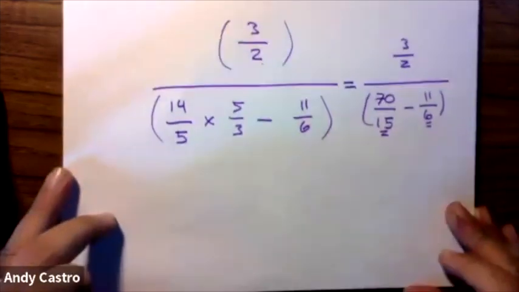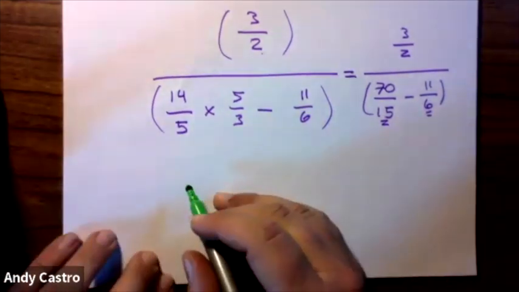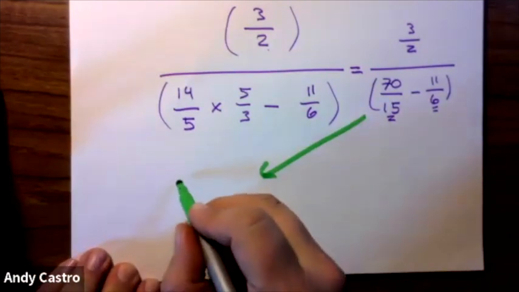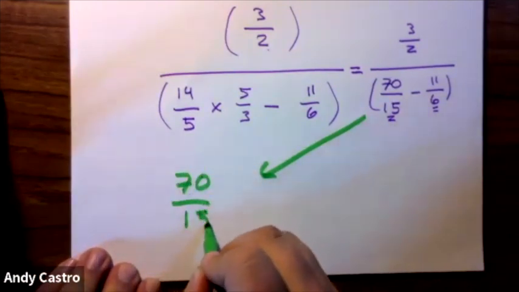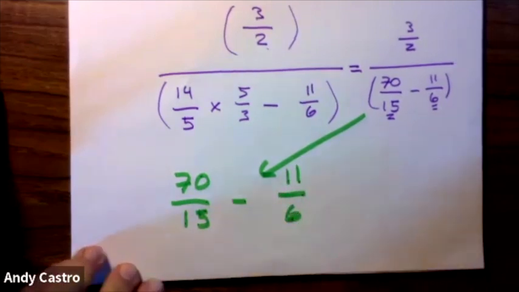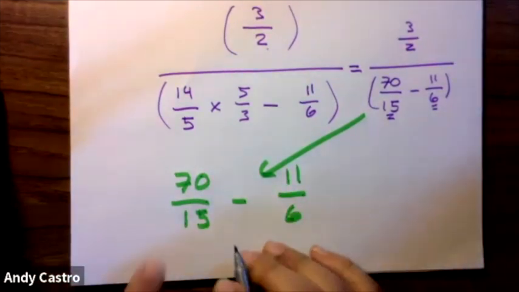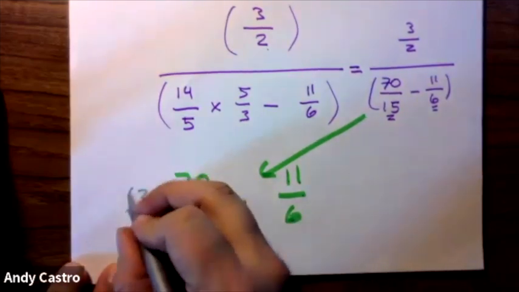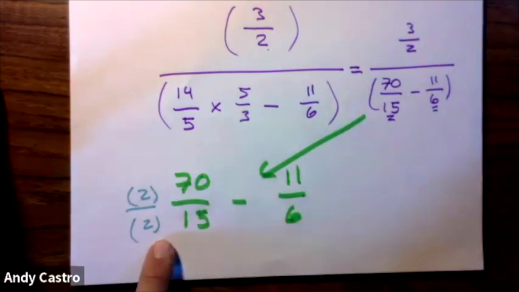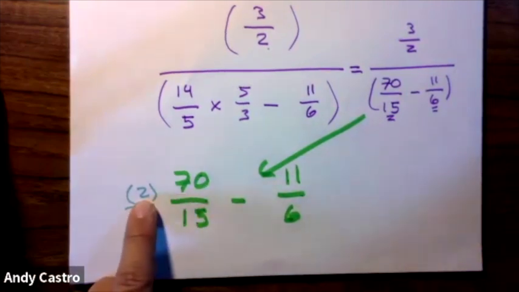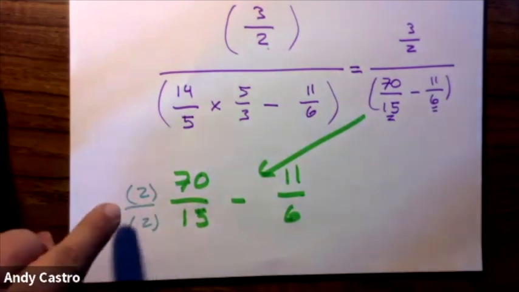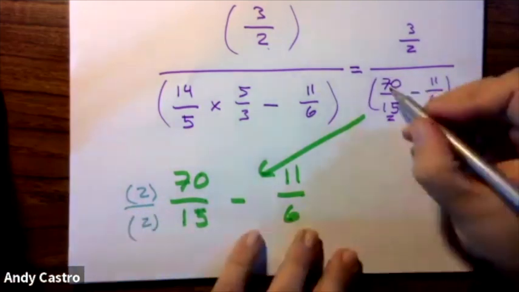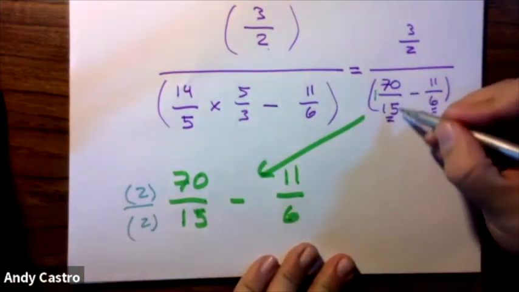Okay. So what do I mean by all this? And a lot of you know this already from working with fractions before, but I just kind of want to highlight this because it's a good review. I have 70 over 15 minus 11/6. Okay, so in order to get a common denominator, I'm going to multiply this 15 by 2. Now, I can only multiply this 15 by 2 if I multiply 70 by 2. And why is that? Because 2 over 2 is just the number 1. So I can come in here and I can multiply 1 times this.